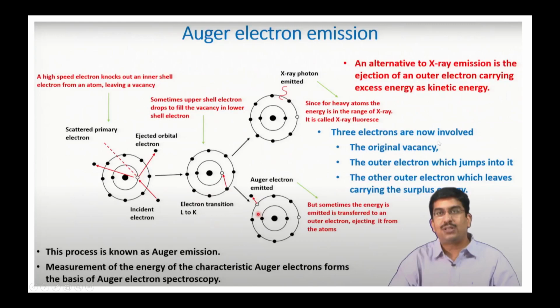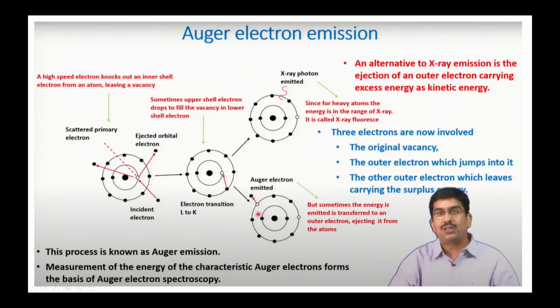So here three electrons are now involved: the original vacancy, the outer electron which jumps in, and the other outer electron which leaves carrying the surplus energy. So an alternative to X-ray emission is the ejection of an outer electron carrying the excess energy as kinetic energy.